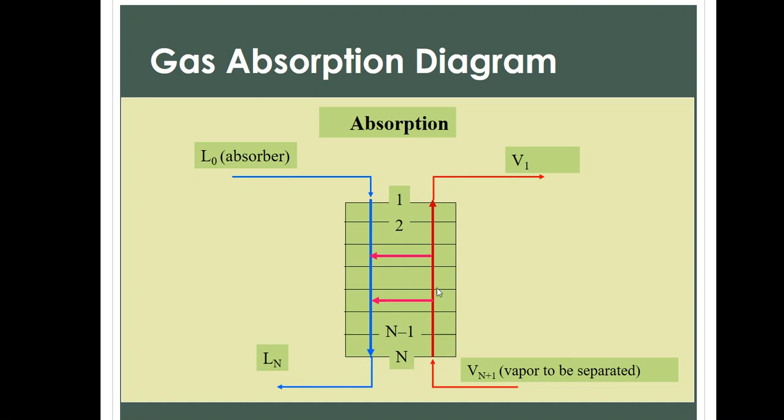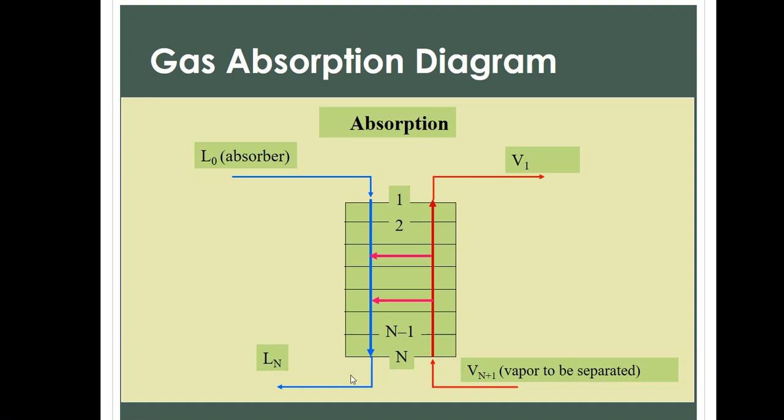Now, the phases, this V1, this V sub N plus 1, this L1, and this L0, have subscripts based on the stage or the plate from which they came. Since this particular liquid phase, our solvent, is entering plate 1, or stage 1, then we view that it came from stage 0. As such, we label it L sub 0. This gas phase, V1, came from stage 1 because the arrow here is coming from stage 1, so it's labeled V1.